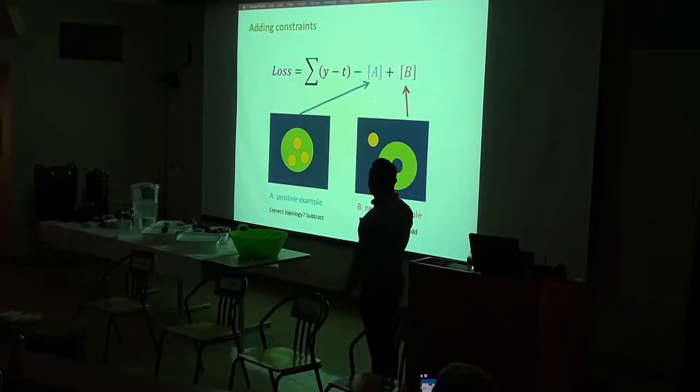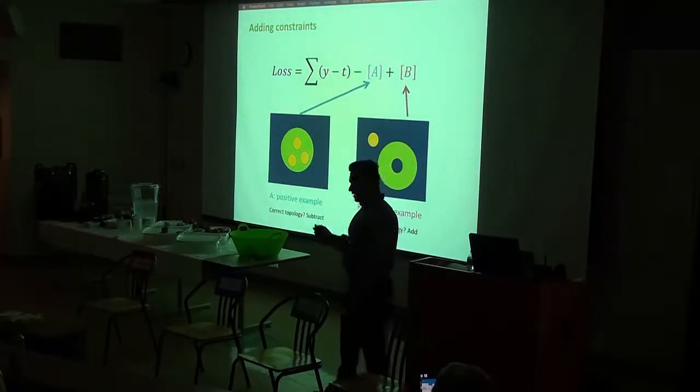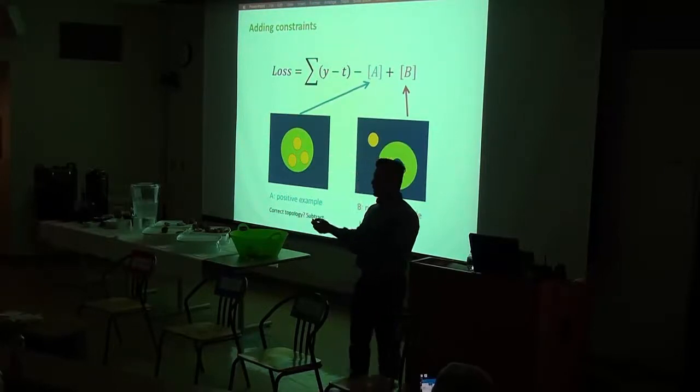I can then say, okay, the loss is going to be lower if the topological constraint that I have appears. So that reduces the loss. And I'm going to penalize the loss, or the loss is going to increase, if a topological configuration that I don't want appears. So this is a possible way where you can constrain your problem and you can do more with the little data that you have.